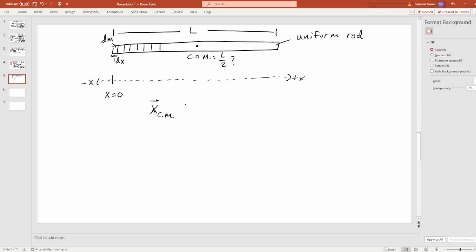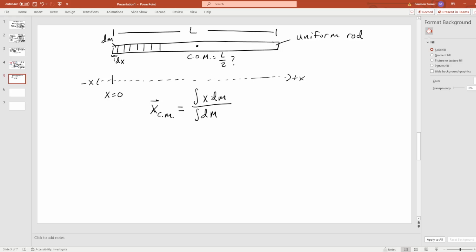So my center of mass along the x-axis, because now we have a continuous object, we need to use the integral. So this is going to be the integral of x dm over the integral of dm. And notice that this is that first moment.